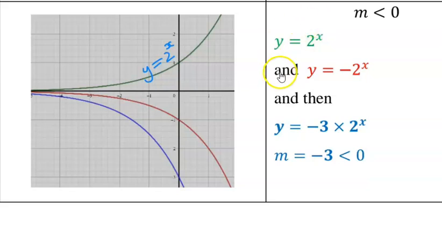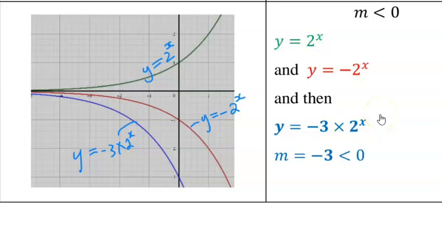And if I then reflect it about the x-axis, so all the positive y values become negative y values, the red graph is y equal to minus 2 to the x. And then I enlarge this minus 1 to minus 3 in a negative direction. So the blue graph is now minus 3 times 2 to the x.